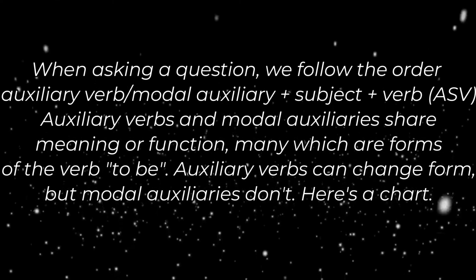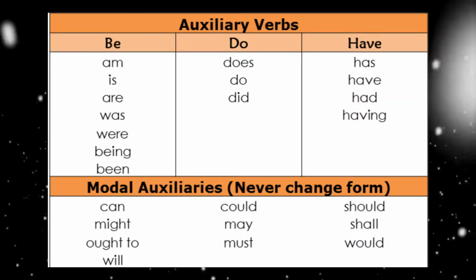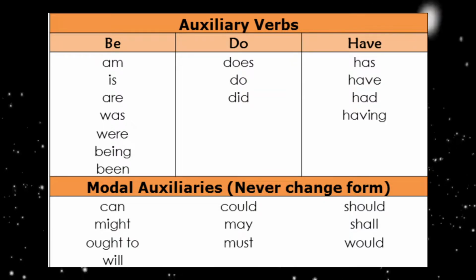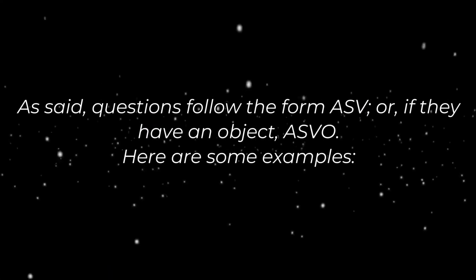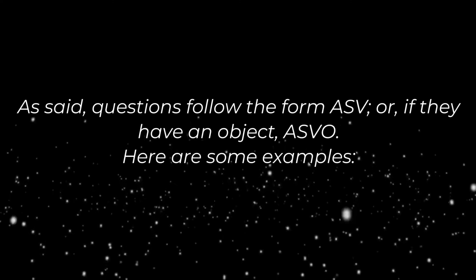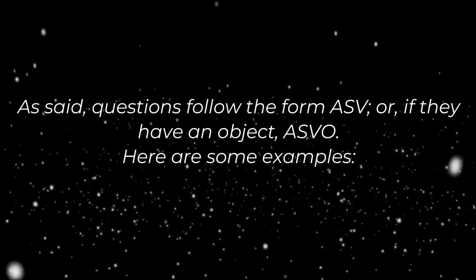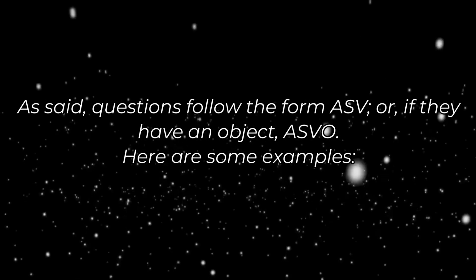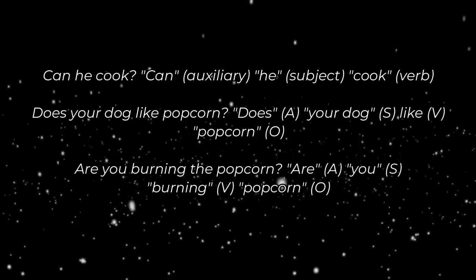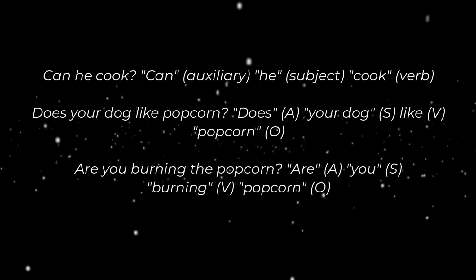Here's a chart to help you. As said, questions follow the form ASV, or if they have an object, ASVO. Here are some examples. Can he cook? Does your dog like popcorn? Are you burning the popcorn?